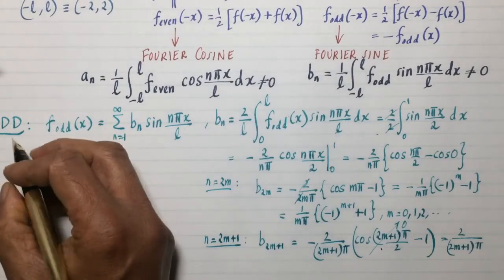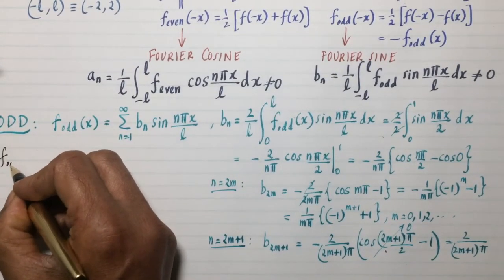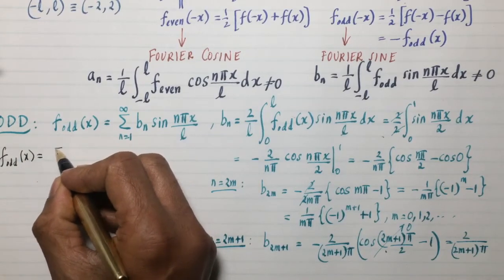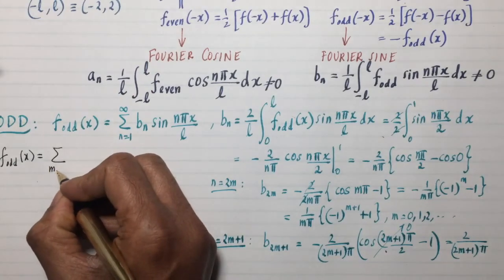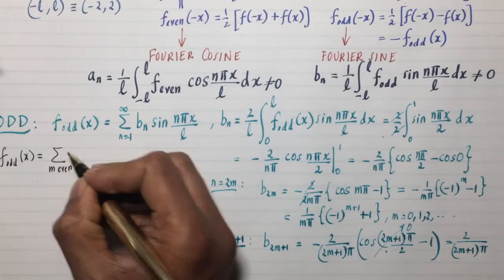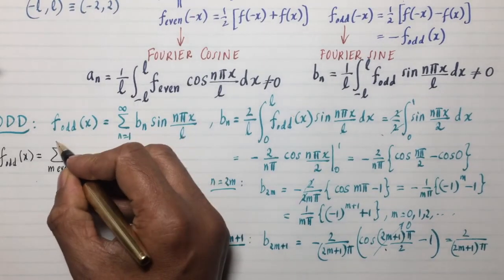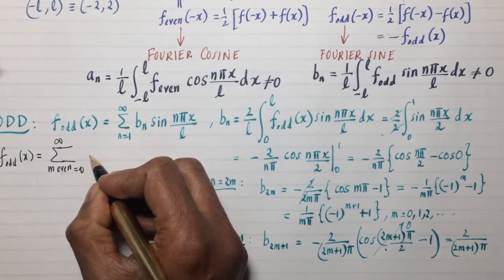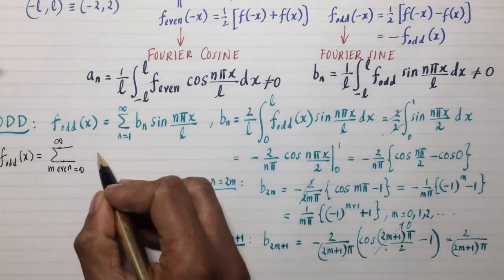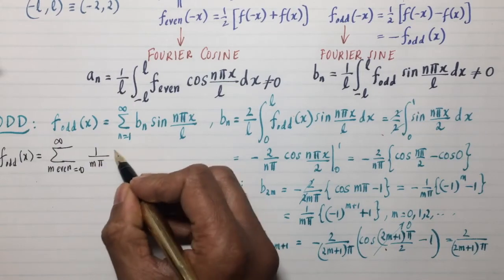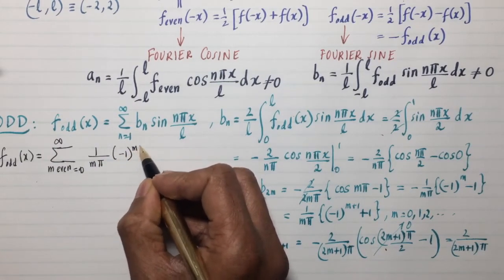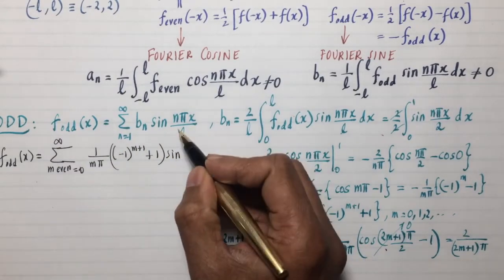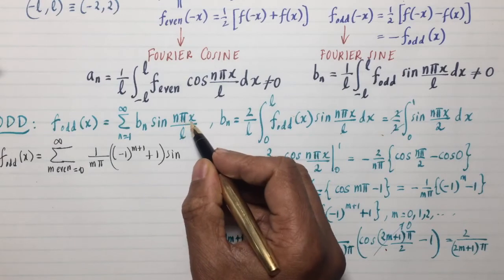Let's write the answer. F odd of x is the sum, m even, equals 0 to infinity of 1 over m pi, minus 1 to the m plus 1, sine of, if n is equal to 2m, I'm going to get 2m pi x over 2.